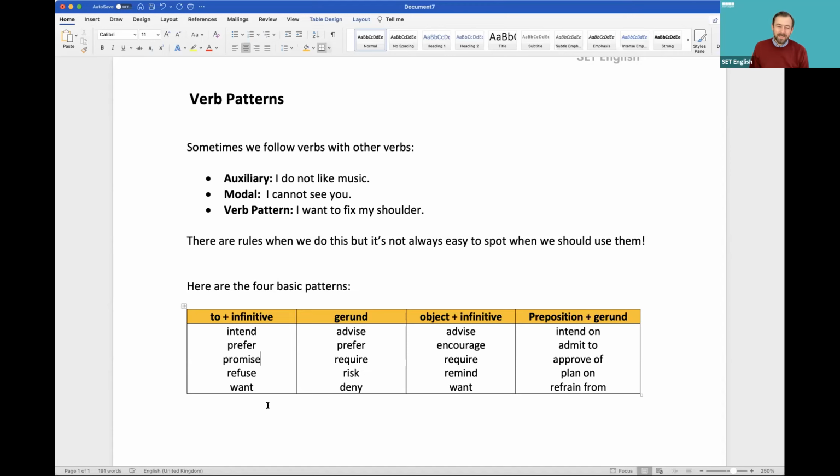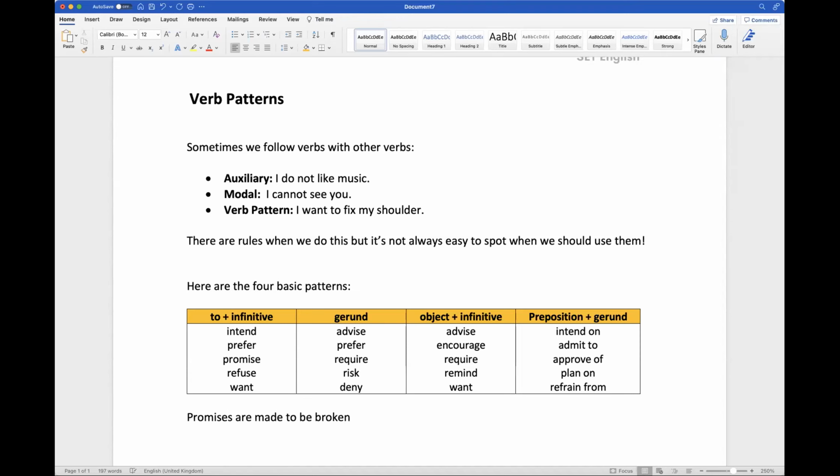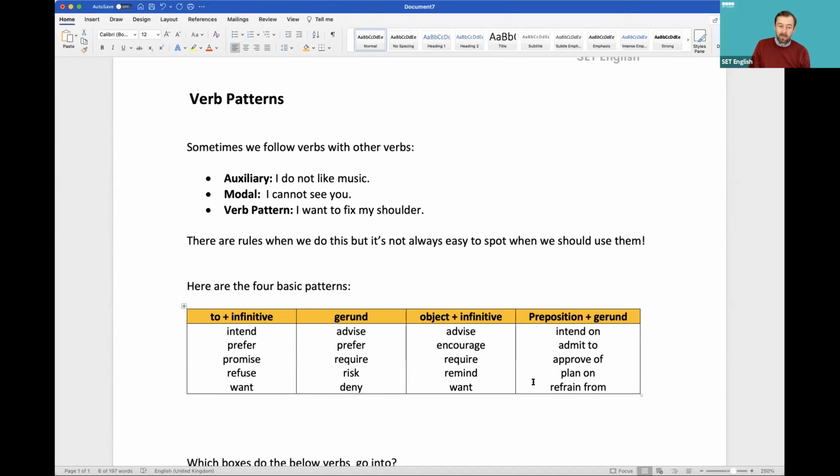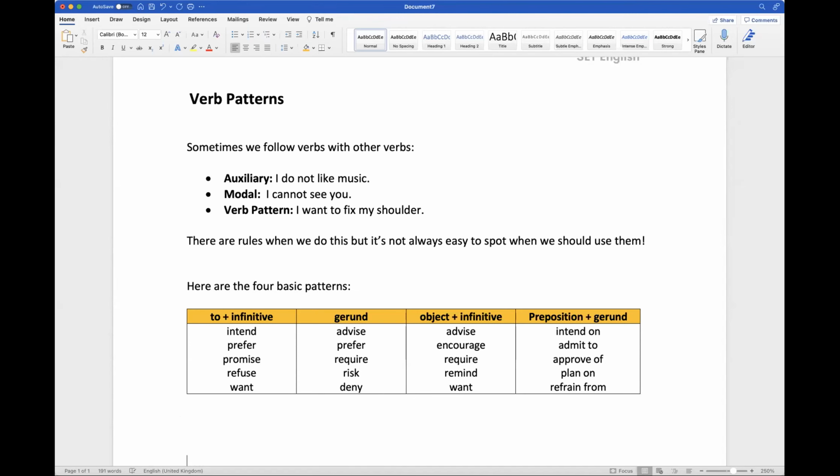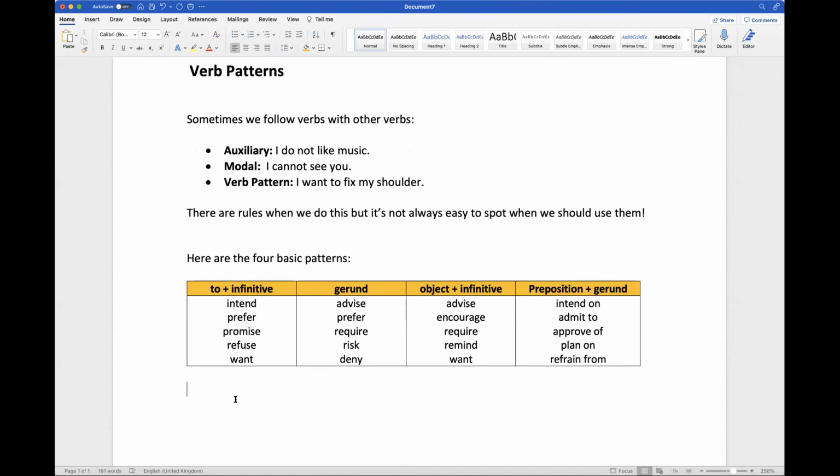Because there's a phrase in English which is promises are made to be broken, which is a strange one. But okay, you keep your promises. So what do we promise? Even if I change my mind, I will do that. Okay, because you are a woman of your word.